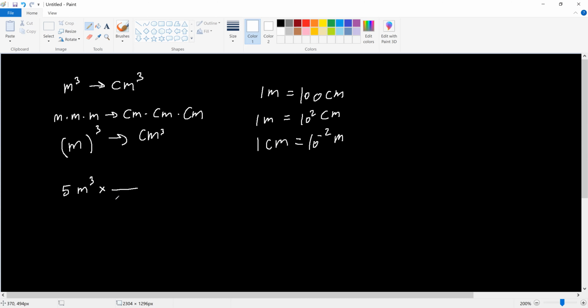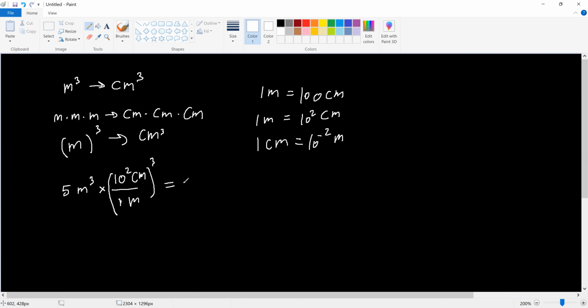Now with this, we want a meter on the bottom and we want to end up with centimeters, so we put that on top. Therefore we have 10 to the 2 centimeters. If we do this right now, we're only going to get rid of one meter. Instead, we can have it be cubed.